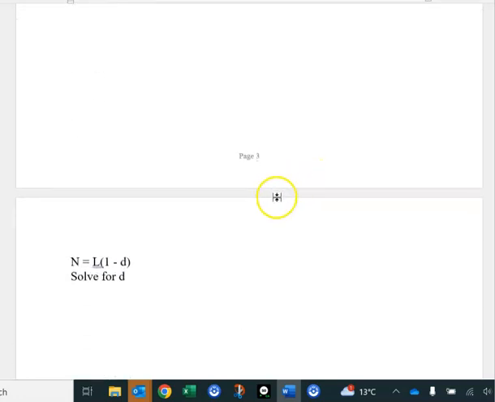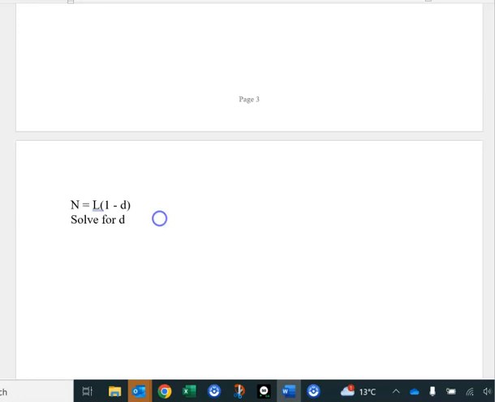Let's go to the next one. This formula will look familiar because you're going to be using it in Chapter 5. So n equals L, multiply that by 1 minus d in brackets, and we want to solve for d. Okay.